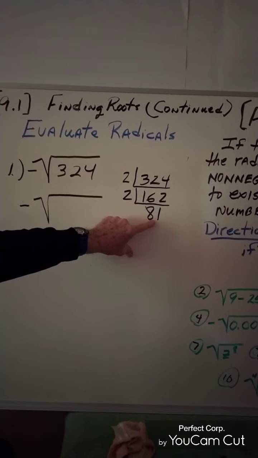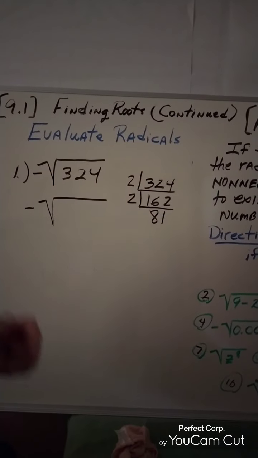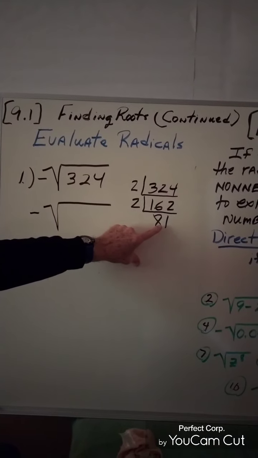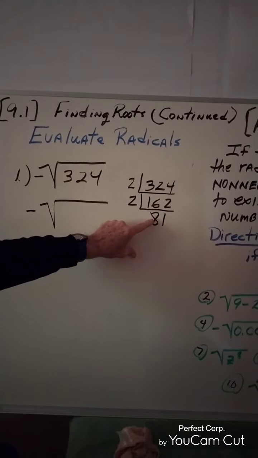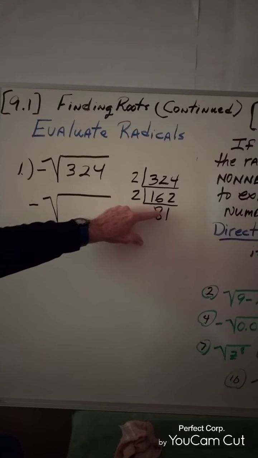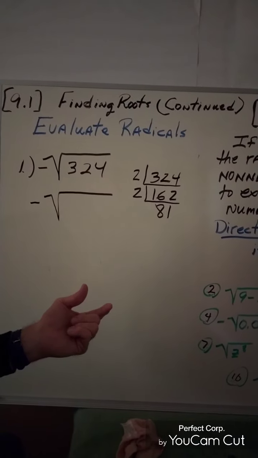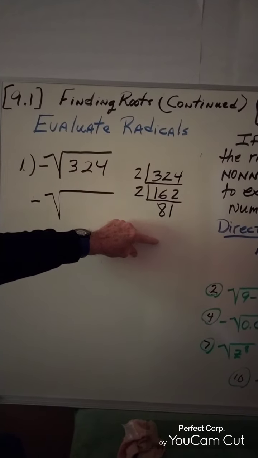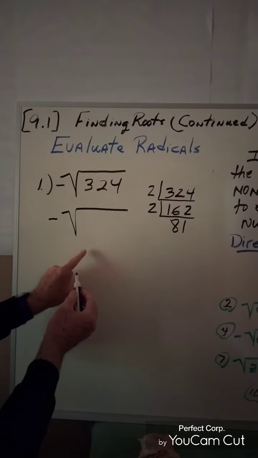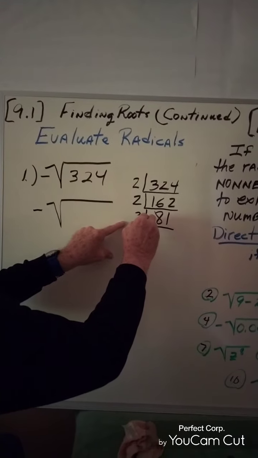81 is no longer even, so that means we can no longer use 2 to divide into that. The very next prime number after 2 is 3. 3 does divide into 81 because of its rule. If you add the digits up, and if that sum total that we get is evenly divisible by 3, then 3 will be a factor of 81. 8 plus 1 is 9. 3 divides into 9, so 3 must divide into 81.